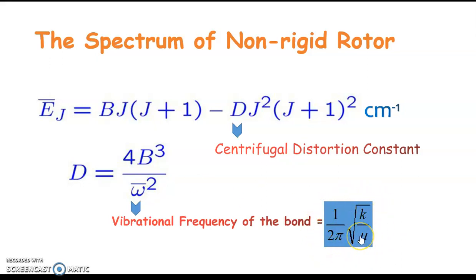We studied it in the plus 2 classes or in the degree time, when we were studying spectroscopy. We have passed through the vibrational frequency of a simple harmonic oscillator.